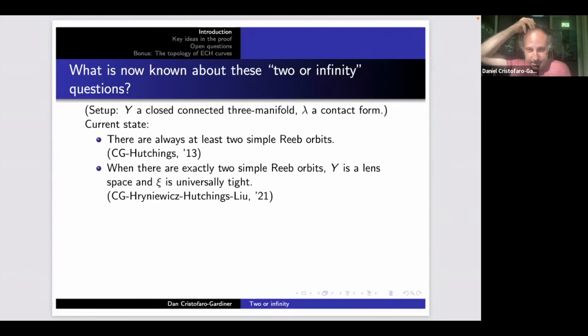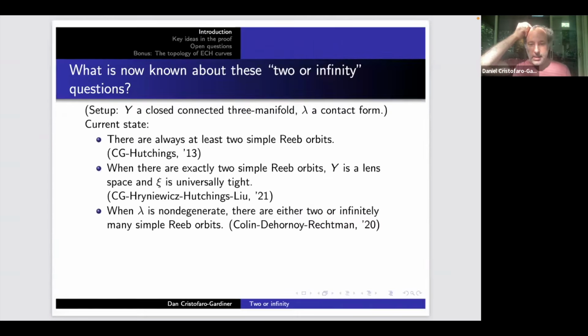Moreover, if there are exactly two orbits, then you learn that the manifold is a lens space, and you learn quite a lot about the contact structure. Not only is the manifold a lens space, but the contact structure is the standard one. We also know in the non-degenerate case, there are always either two or infinitely many Reeb orbits.